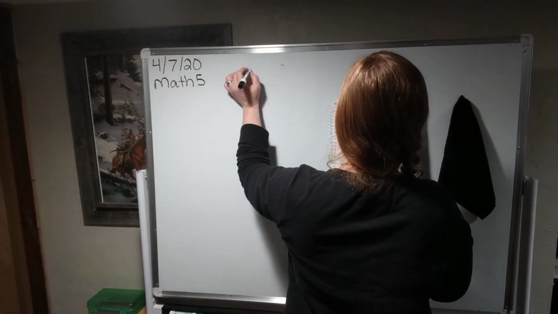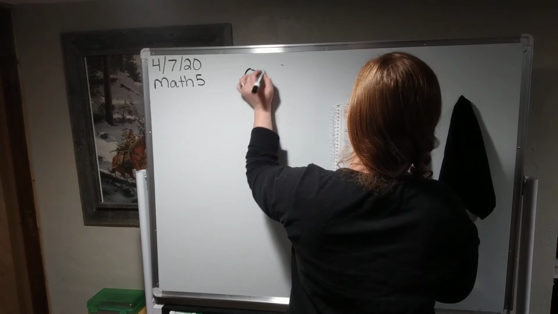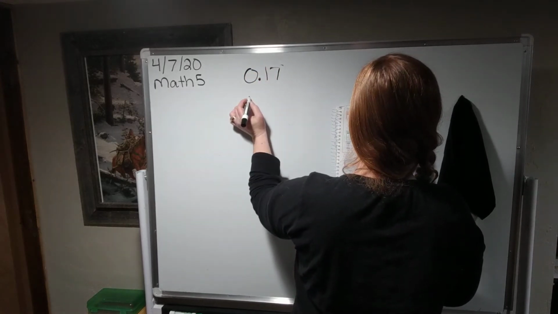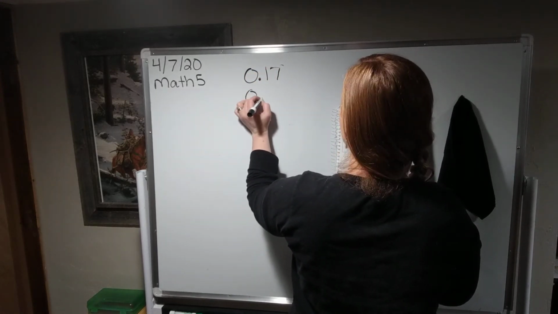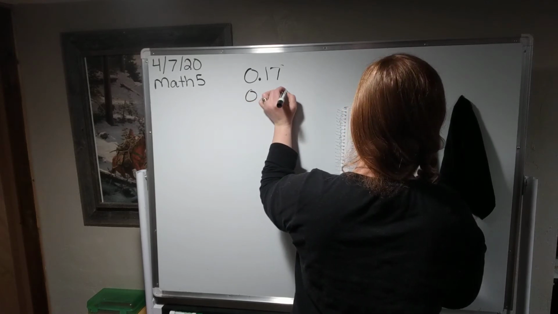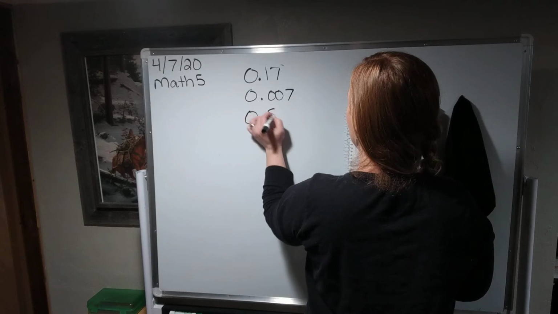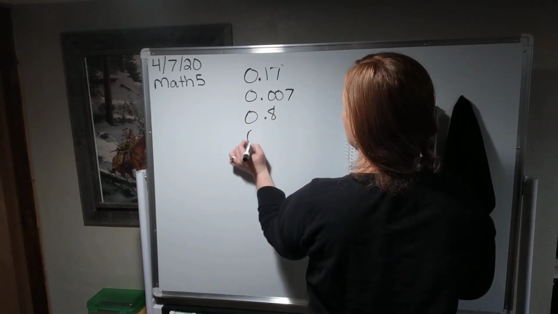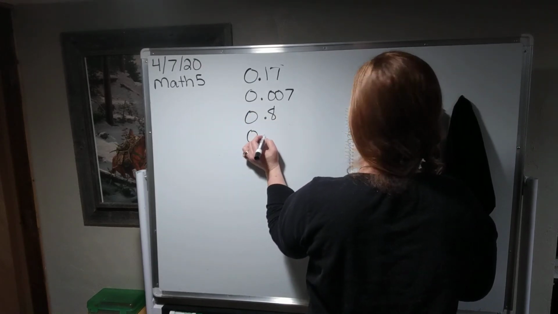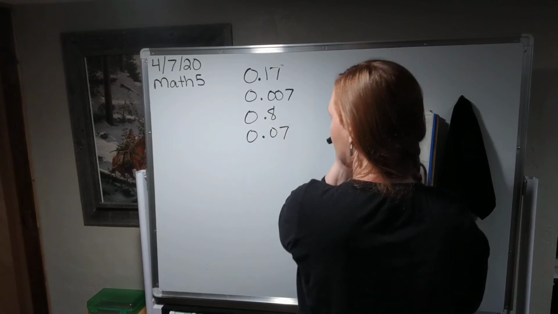So I'm going to line up the next problem. 0 and 17 hundredths, 0 and 7 thousandths, 0 and 8 tenths, and then 0 and 7 hundredths. Okay?